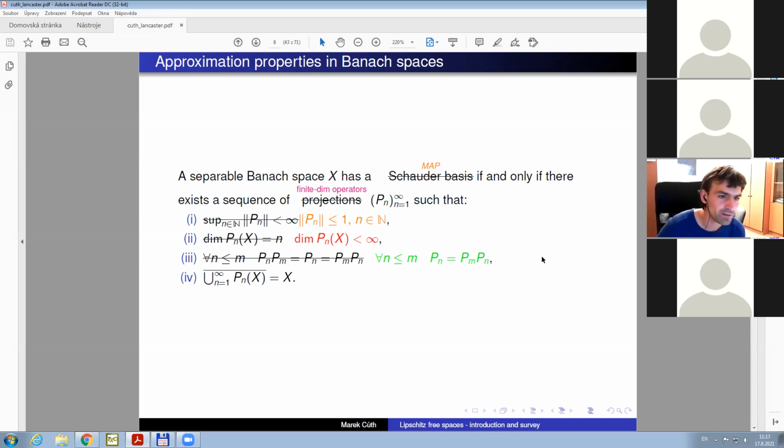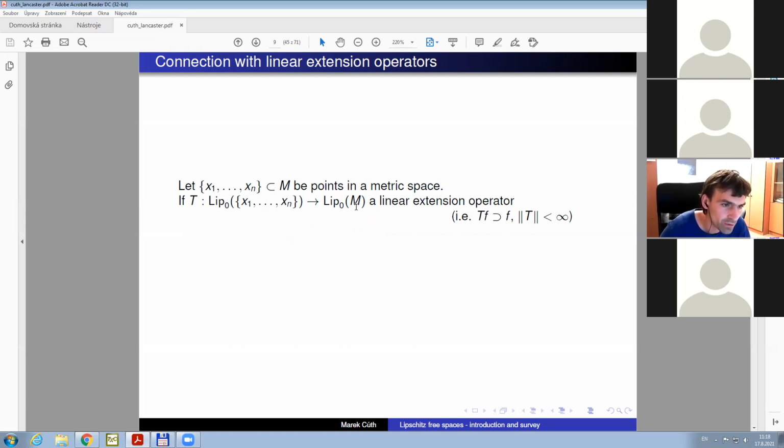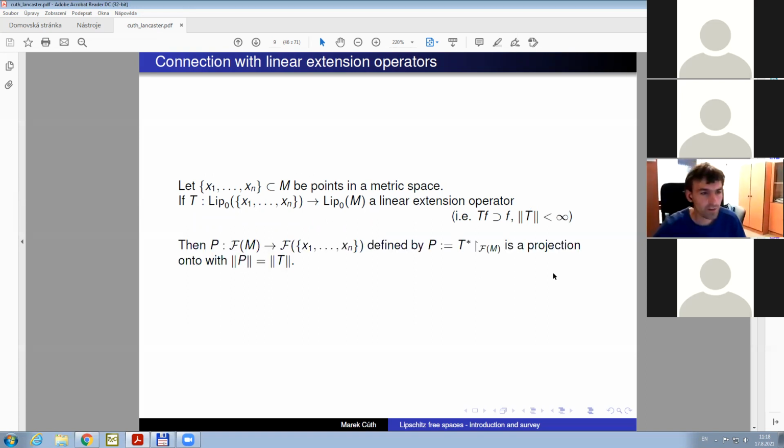So let me give a brief survey on that. When we have a subset of a metric space and we have a linear extension operator, meaning an operator which extends Lipschitz functions from the subset to the whole space in such a way that the Lipschitz constant is not changed, up to a constant, then we know that there is a projection from the Lipschitz-free space over M onto a space linearly isometric to the Lipschitz-free space over the subset.